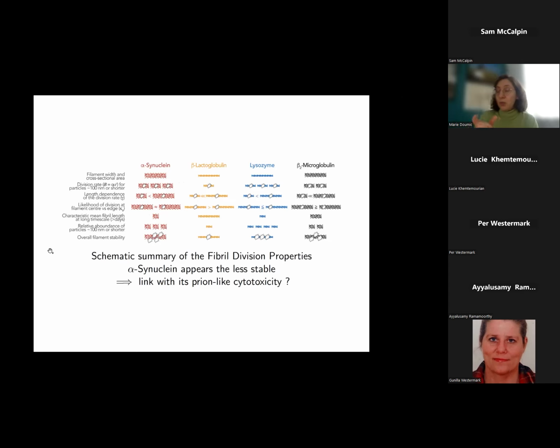Because if small fibrils are less stable, they can break down and then give rise to still other ones by recruiting monomers, for instance. And probably it's linked to more toxicity. It is less stable compared to its width also, okay?